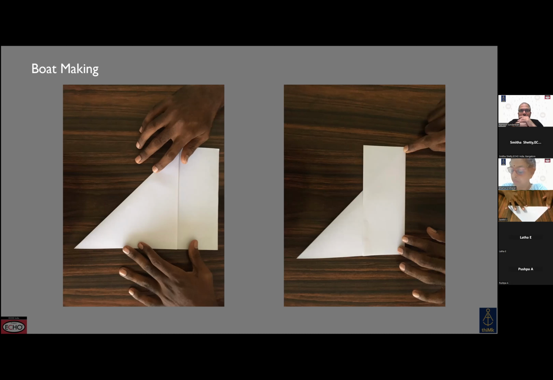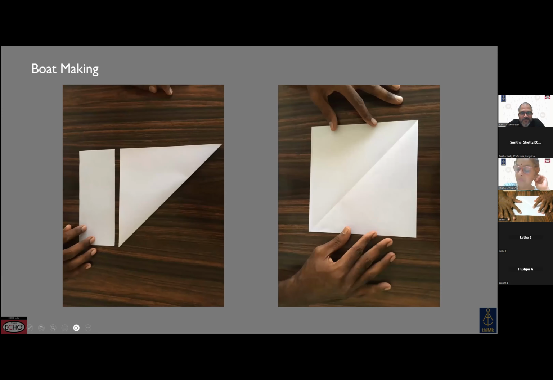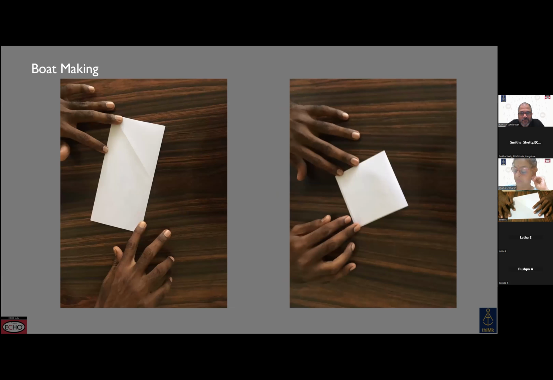So we have done this, and then we have cut the sheet, right? The square sheet is available. Ramesh, the next. Yeah, now we have cut this, and this is where we are ending up. The next. We fold this to make a square.